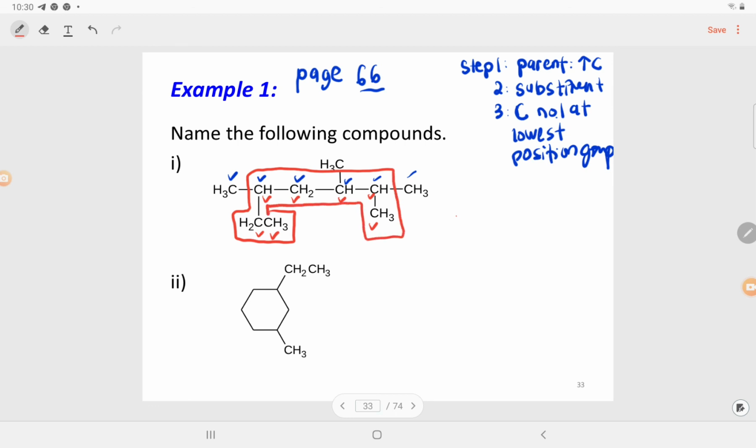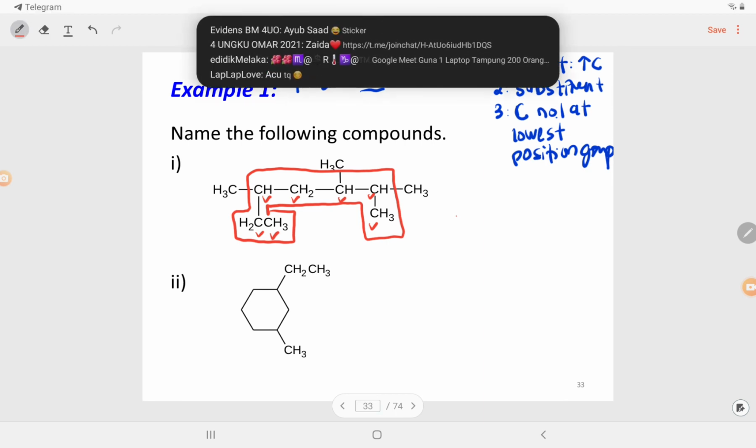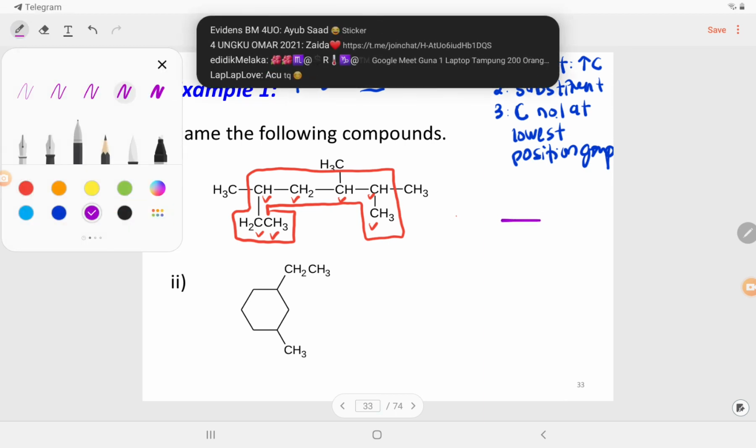Okay, now our task here is to label the number of the specific carbon atoms.